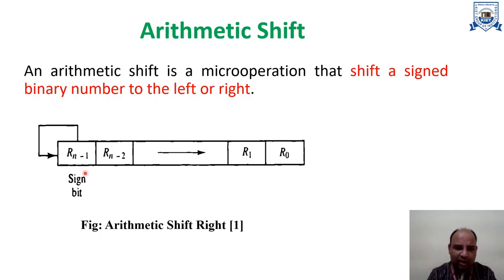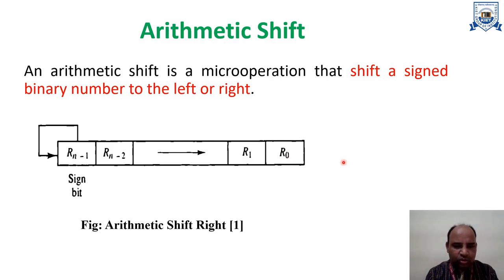Now try to understand how this arithmetic right shift takes place. Let us say these are the older contents of the register. During the arithmetic right shift, Rn minus 1 will be shifted to the right, Rn minus 2 will shift here, and finally R1 will go to the position of R0, and R0 will be lost during the process.